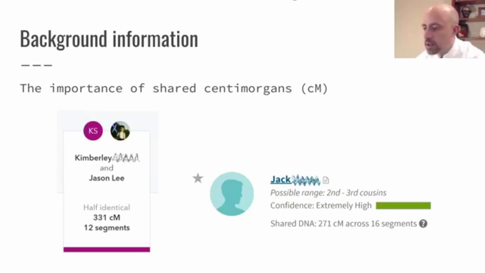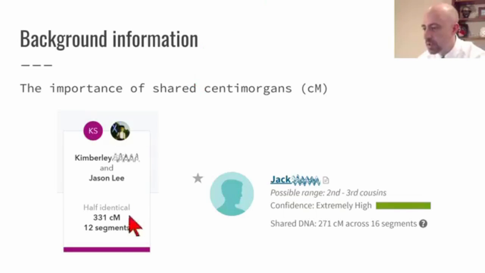Okay, so I think the issue of centimorgans has really come to the fore recently, probably because Ancestry DNA has made that information more visible. So we're getting a lot more questions about shared centimorgans, and this issue of sibling summation gets to the issue of shared centimorgans. You can get centimorgan values at any of the major DNA testing sites.